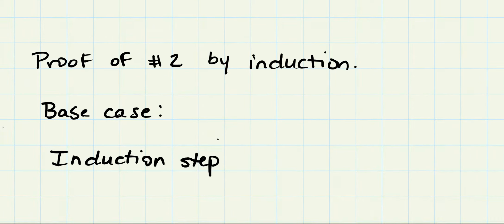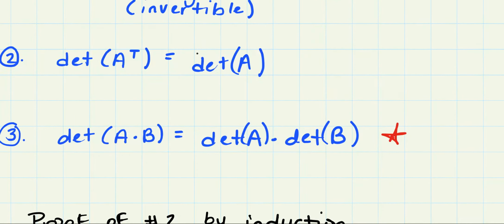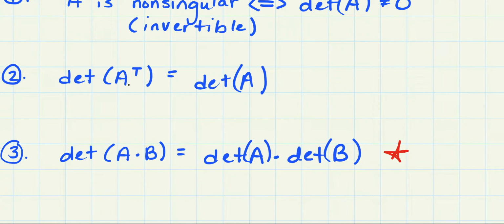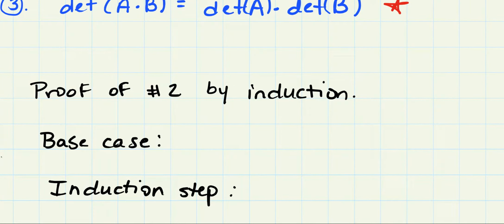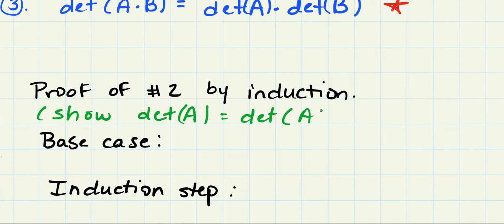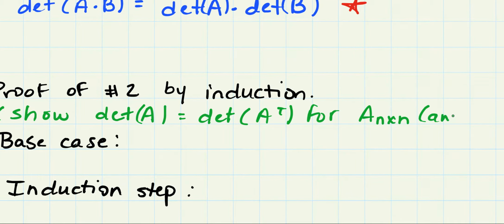So we want to prove that for any n by n matrix, the determinant of A transpose is equal to the determinant of A. So let's write that statement. This is for any n.